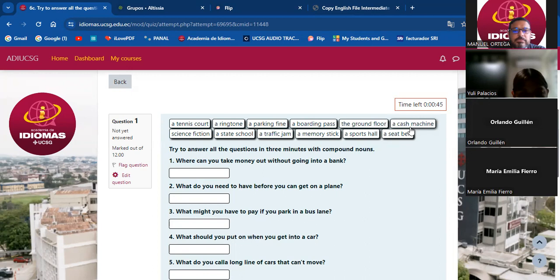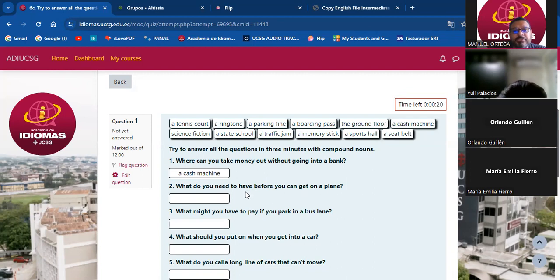Number one, cash machine. Cash machine, exactly. Any ideas what it sounds like for you? If you have to decide on it, cash machine. And money. Related to money, exactly. Where you can take money out. So number one, cash machine.